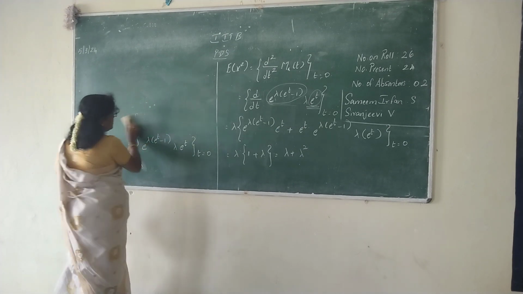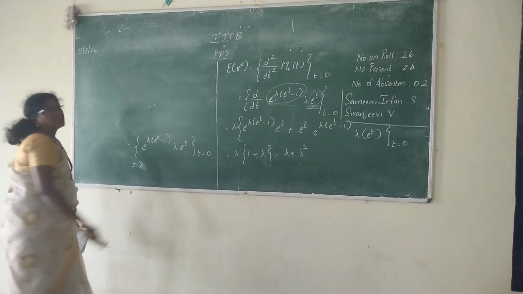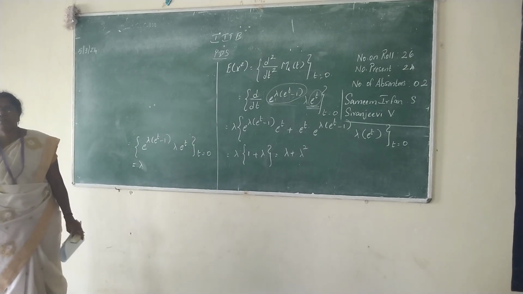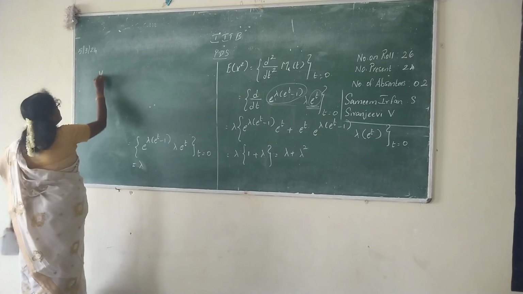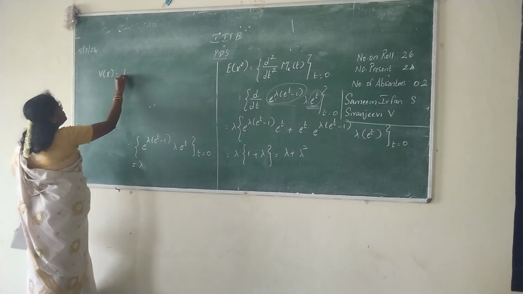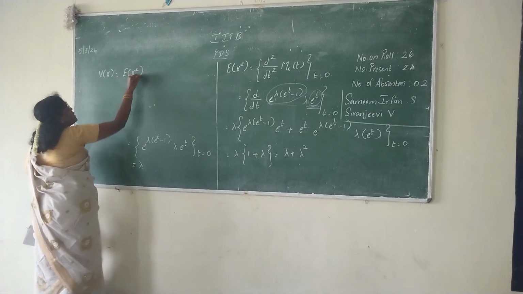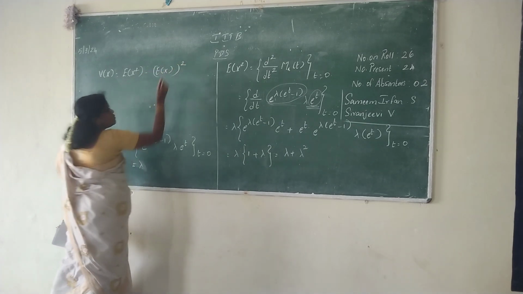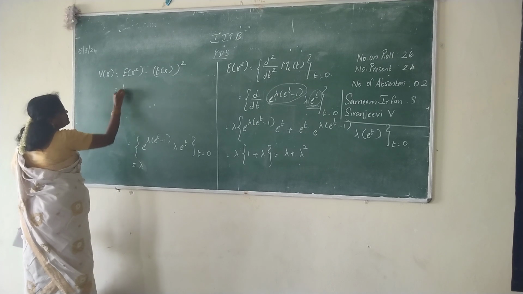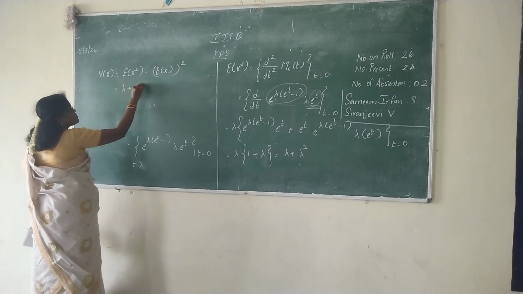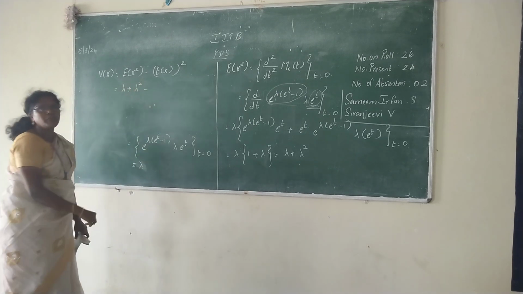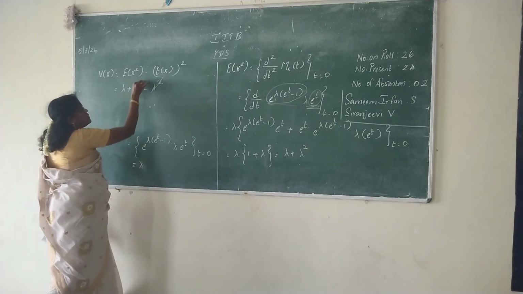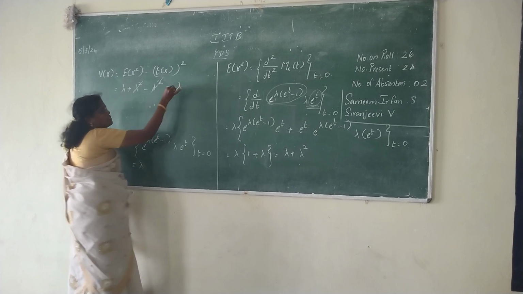Check it. Shall I proceed with the variance, everyone? So what is the variance formula? Variance of x equals E of x square minus E of x the whole square. So what is the E of x square answer? Lambda plus lambda square minus, what is E of x? Lambda. So it is lambda square. So what will happen? We will get lambda.